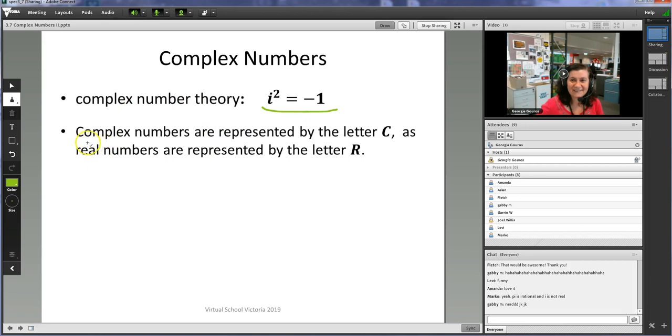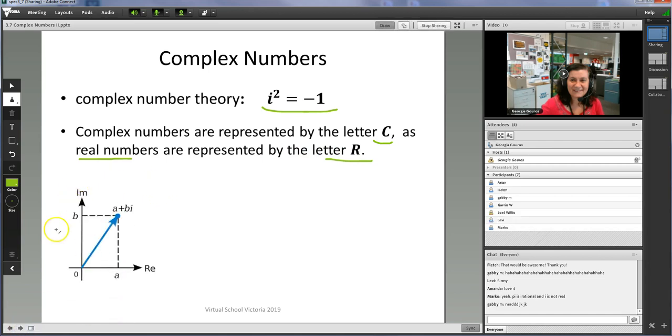When we need to solve in the domain of C, that means complex numbers are represented by the domain of C, and we might be asked to solve polynomials in the domain of C, which means we will have complex solutions, as distinct from when in Math Methods you're asked to solve polynomials. Usually you're asked to solve them in the domain of the reals.